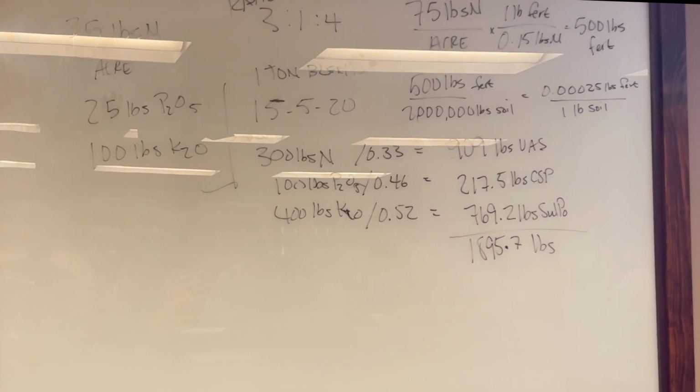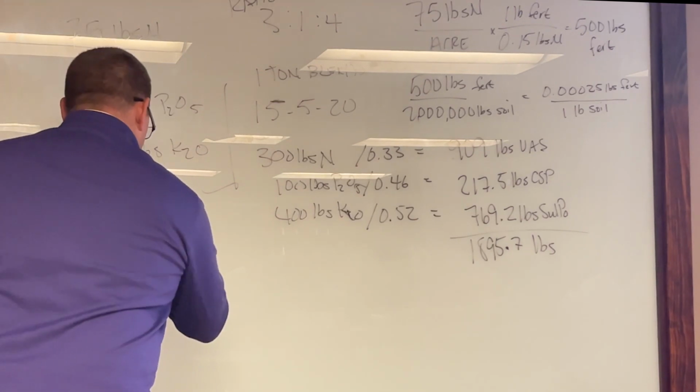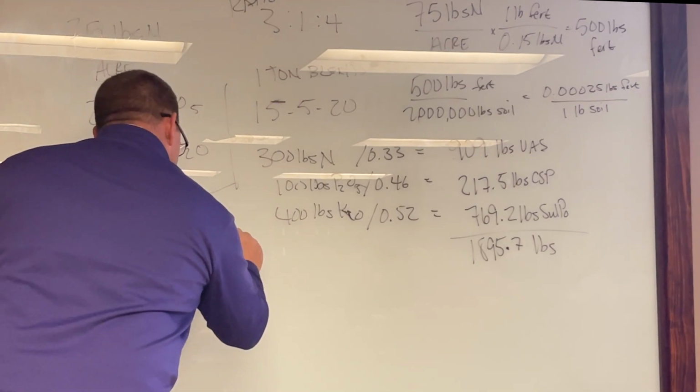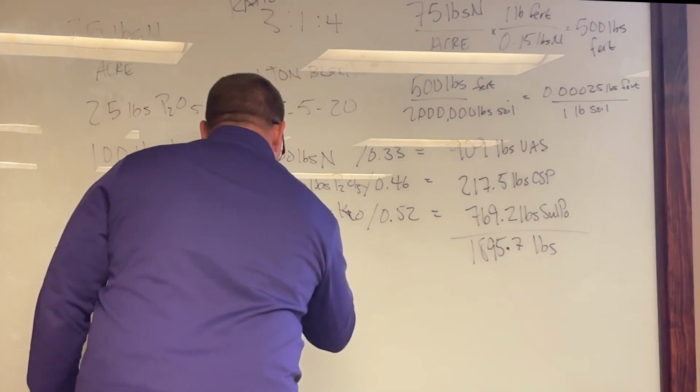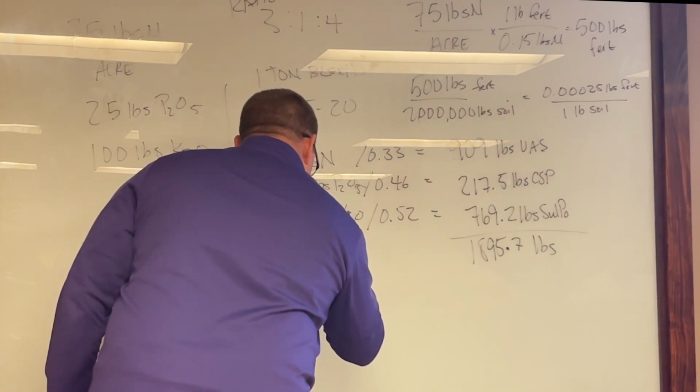And if we remember correctly, our batch was, we wanted to make a 10,000 pound batch. It was 96.75. Well, then we would just do 0.00025 pounds times 10,000 pound soil.